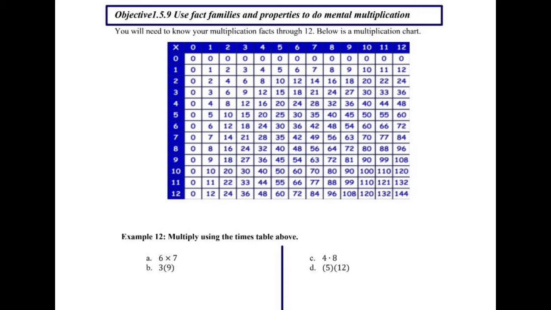Because going across the 2s, you can count by 2s: 2, 4, 6, 8, 10, etc. The 5s you can count by 5s, and the 10s you count by 10s. I don't know how many people like to count by 7s, so that one might be a little harder. But the idea is not to get your answer by adding, but to actually memorize it.